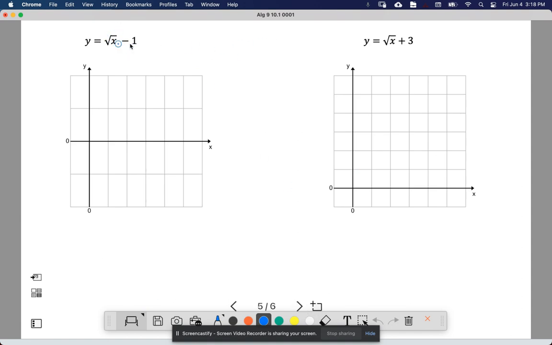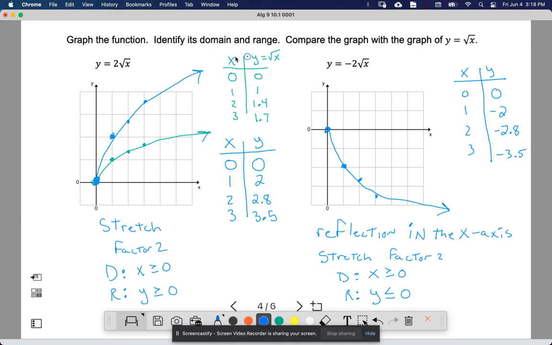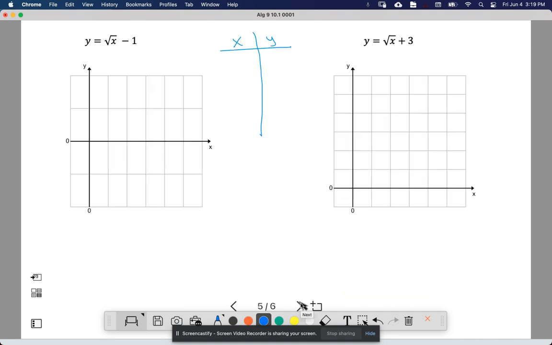So let's see what happens now with a number on the outside, whether it's a minus or a plus. So again, with my table here, I'm just going to steal my work from my original one. Here's my original one. So basically, I'm just taking it and subtracting 1 from the final answer. So we're going to go down 1 for all of that.